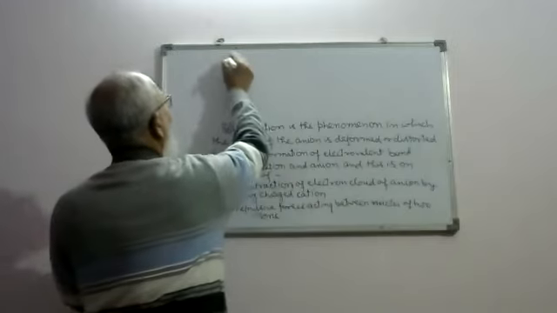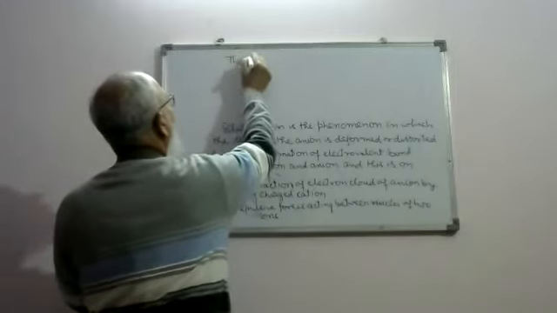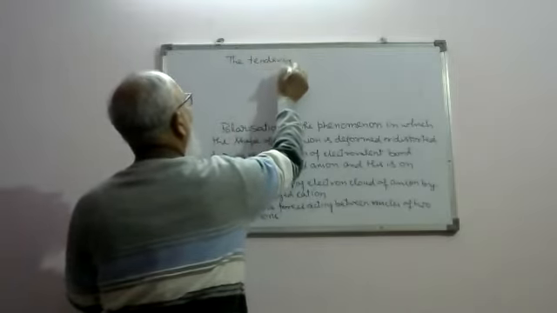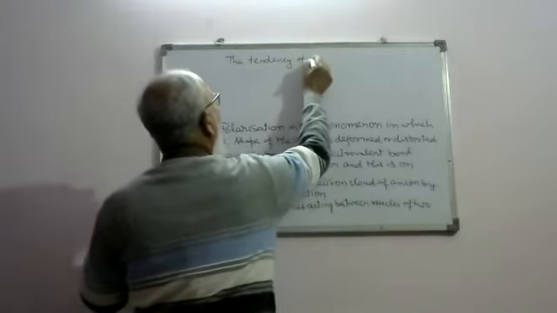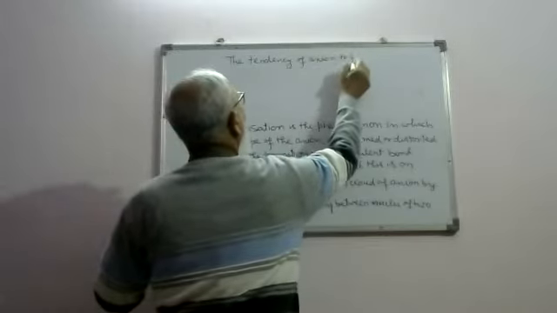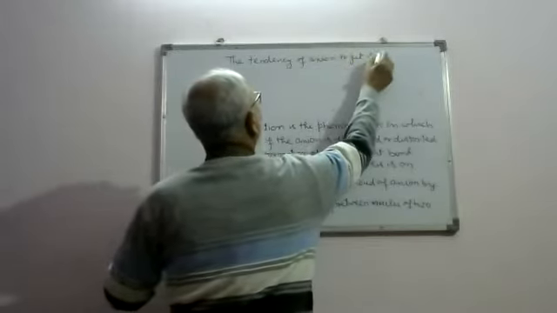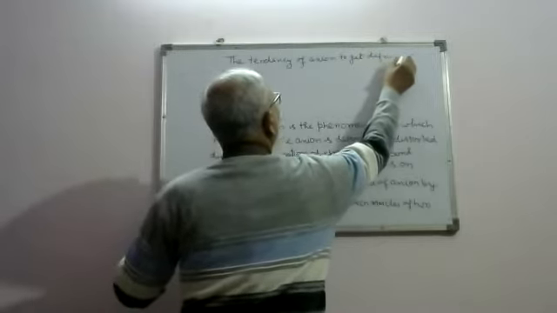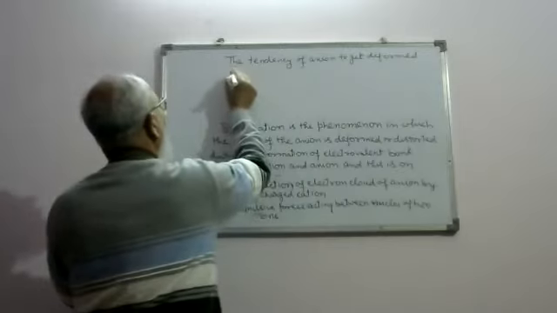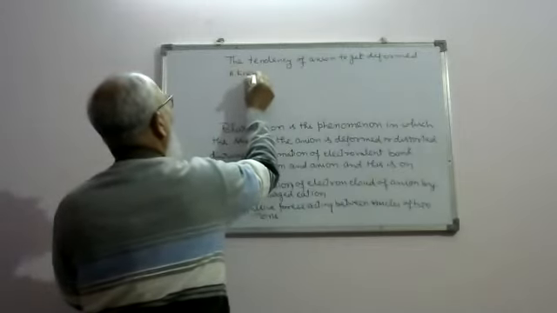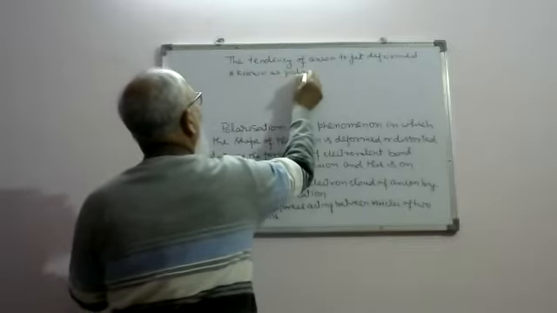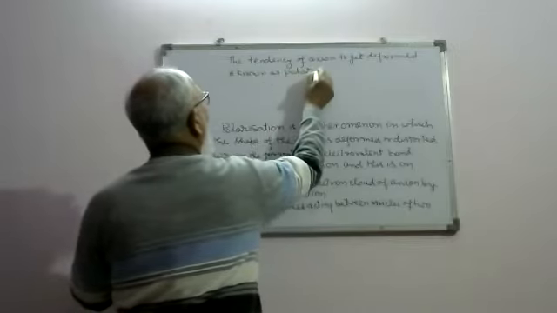The tendency of the anion to get deformed is known as polarizability.